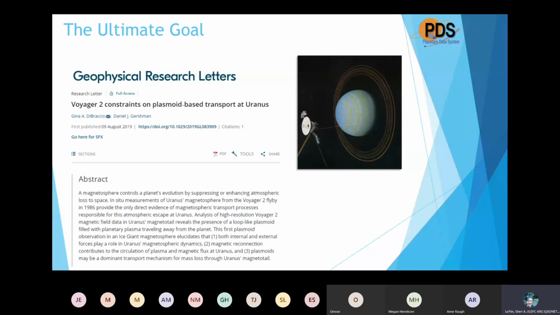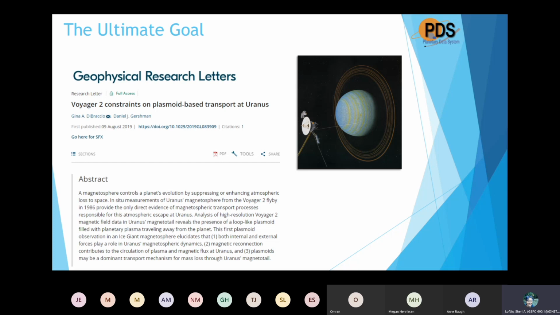All right, so our ultimate goal is immortality, right? We want our data to be available for the rest of time, for as long as computers exist, for as long as we're studying the solar system, before we move out to a new solar system. But then we'll have more data to collect. So here's a couple of examples, so that when we say 50 to 100 years from now, you don't think that we're being ridiculous.